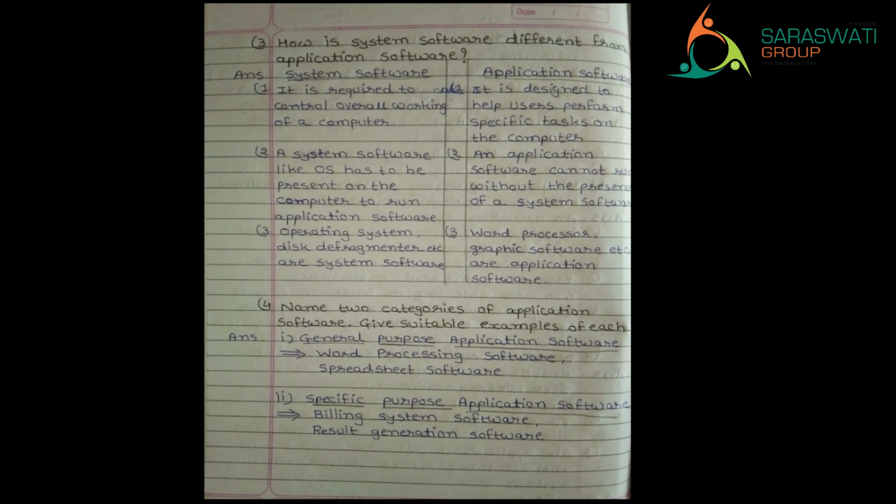Here I have written word processing software and spreadsheet software, right? Okay. The second one is specific purpose application software. That means the software which is used only for special purpose, kind of billing system software या फिर result generation software, right? So these are the 2 categories of application software. I hope you have understood it thoroughly. So here the textual exercise gets over.